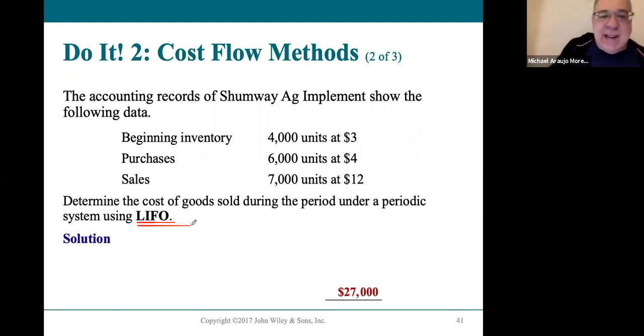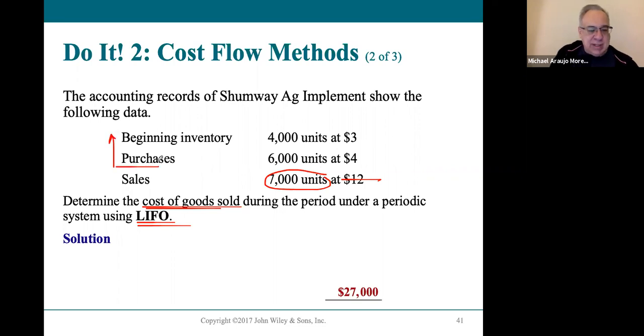LIFO, same problem, but how would they determine the cost of goods sold if they use LIFO? Well, again, they sold 7,000 units. We don't care what price they sold it at. We're not calculating revenue, we're calculating cost of goods sold. Which 7,000 did they sell if they use LIFO? LIFO is last in, first out.